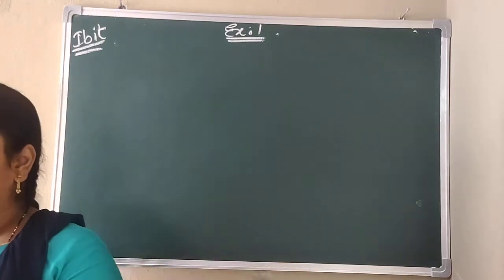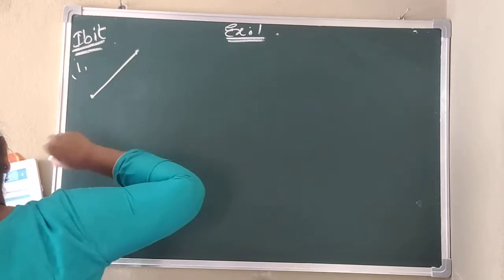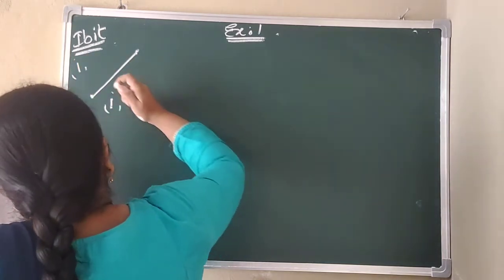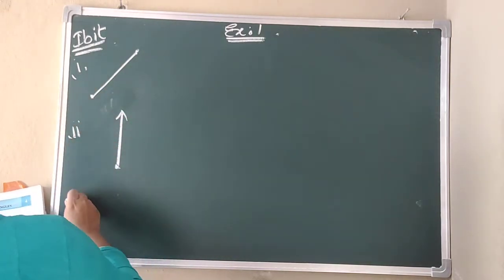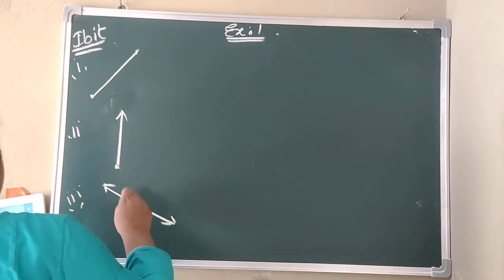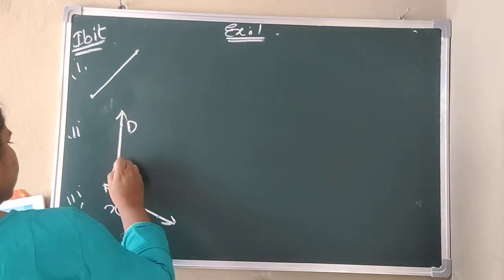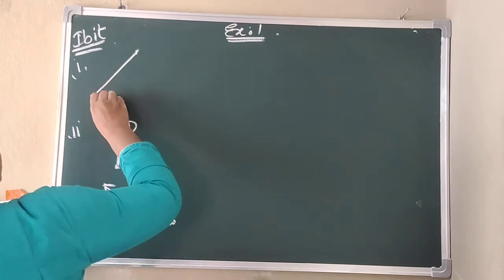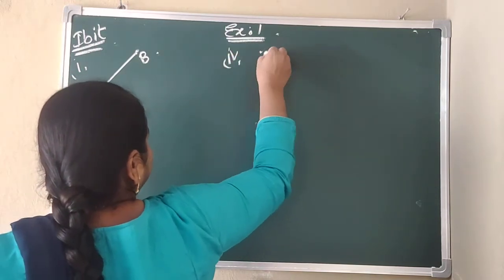They have given some figures, and we have to name what type of line each is.